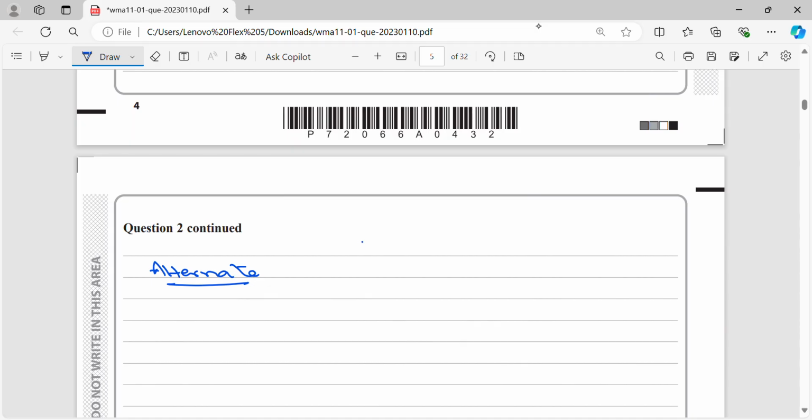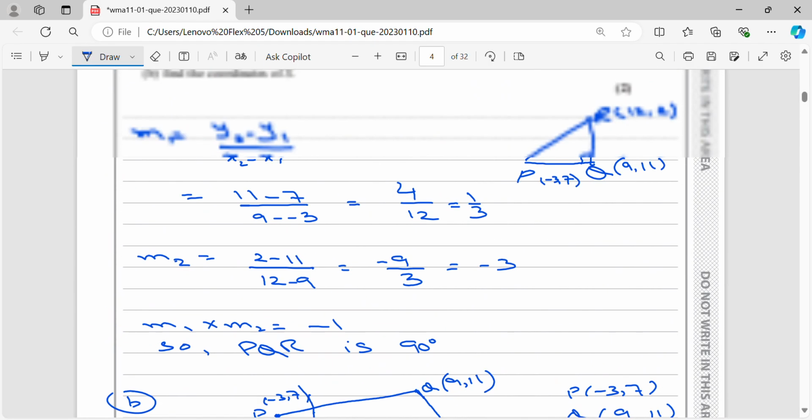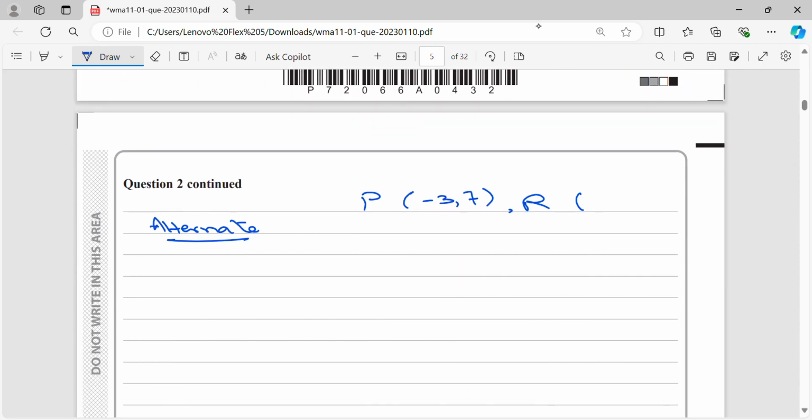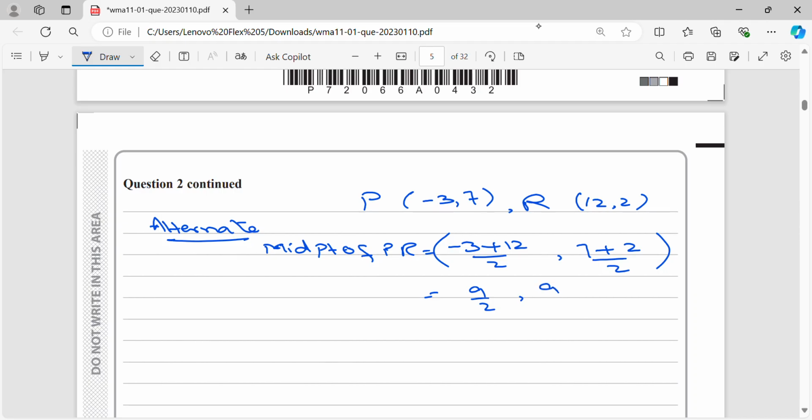Coordinate P is, let's rewrite, -3 and 7, and coordinate R is, let me check, 12 and 2. Find the midpoint of PR. So -3 plus 12 over 2, 7 plus 2 over 2, and that is 9 over 2, and 7 plus 2 is 9 over 2.